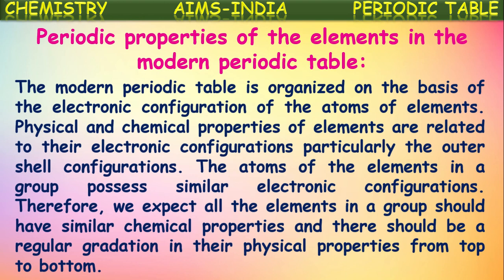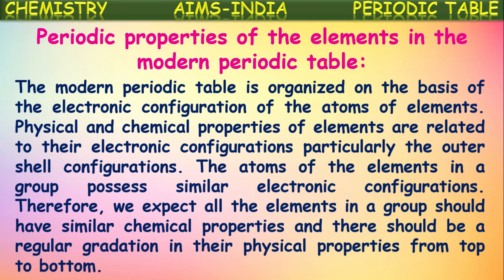The atoms of the elements in a group possess similar electronic configurations, isn't it? We have seen that in a group all the elements possess the same kind of valence electronic configuration. Of course, only one exception is there, that is noble gases with helium.